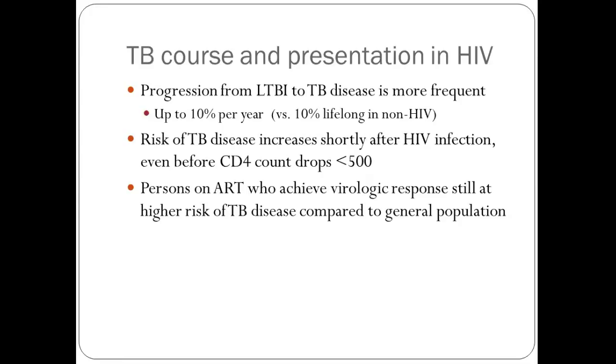It's not clear what exactly happens, but even if the patient has a pretty good CD4 count, there is still an increased risk for TB reactivation in that person. Even if the patient is on HIV medications and has a pretty good CD4 count, the risk of reactivating will be higher than somebody who does not have HIV.